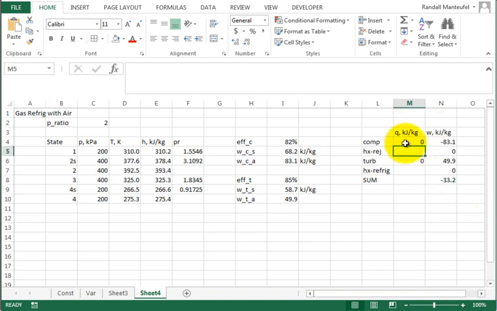Now let's go and do it, the heat rejection. Here, where's our heat rejection? We're going from state 2 to state 3. So because it's rejection, it's going to be a negative energy transfer. It's not into, but out of, this one. Whoops, I messed that up. It's this one, H3 minus H2.